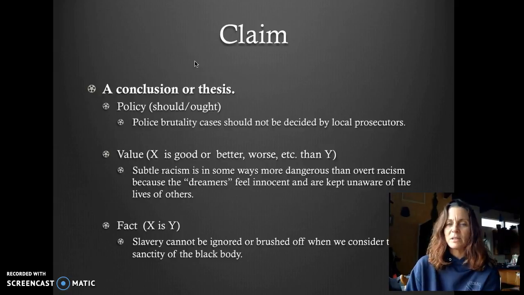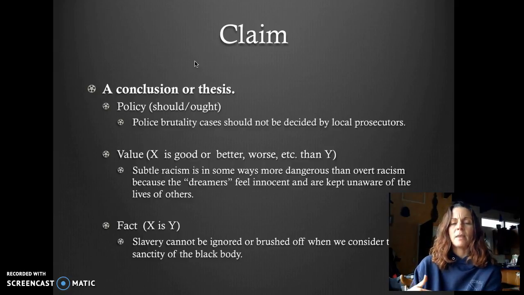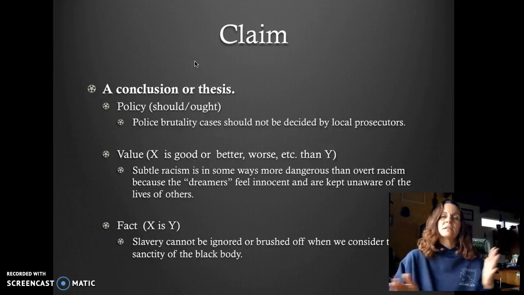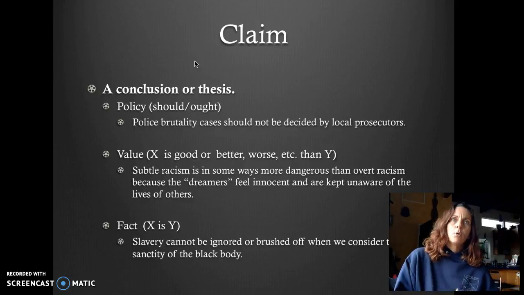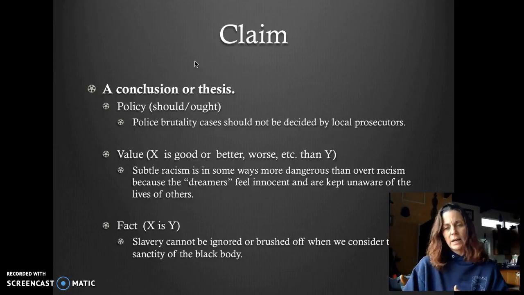So first of all, the claim itself. There are 3 types. There's a claim of policy, where there's normally a should or ought statement, and then there's a claim of value, where it's a comparison: something is better or worse, more effective or less effective than something else.